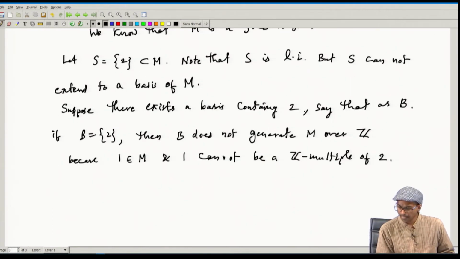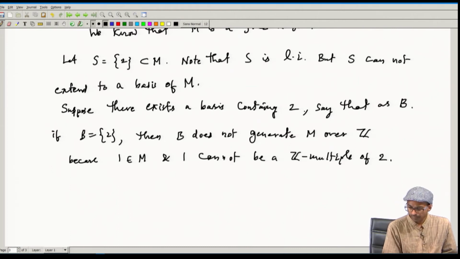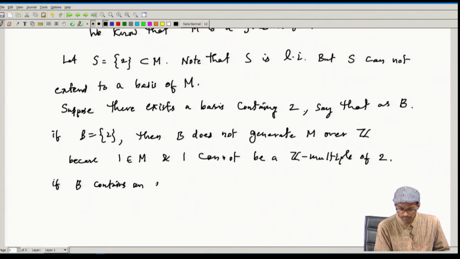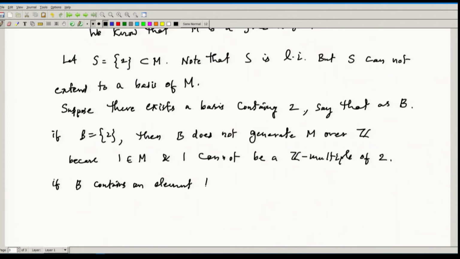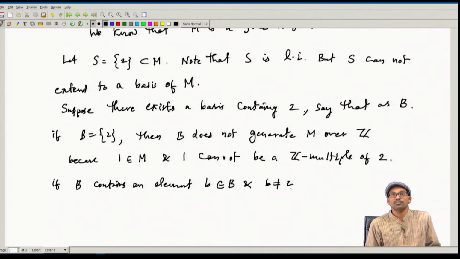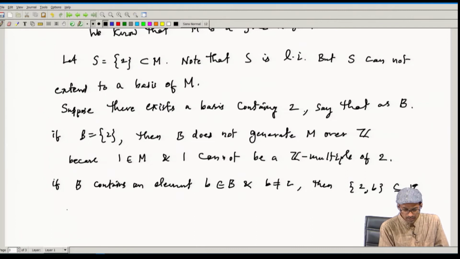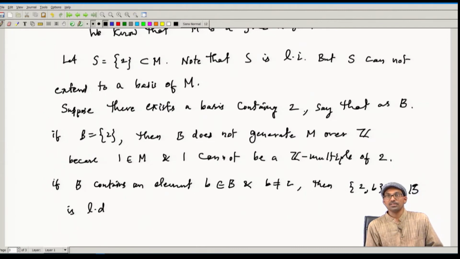But whereas, if B contains an element, say b belongs to B and b does not equal 2, then if you look at {2, b}, this is contained in B and is linearly dependent.